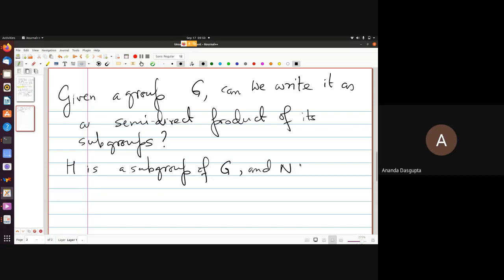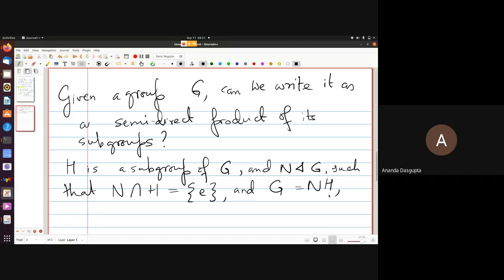And N is a normal subgroup of G, such that, well, very similarly to what we had before, and we need one more condition here.